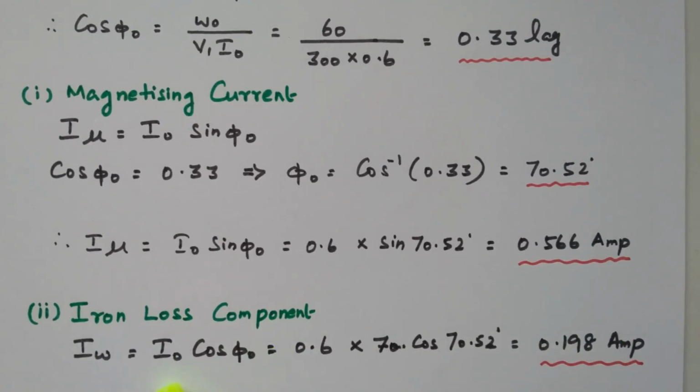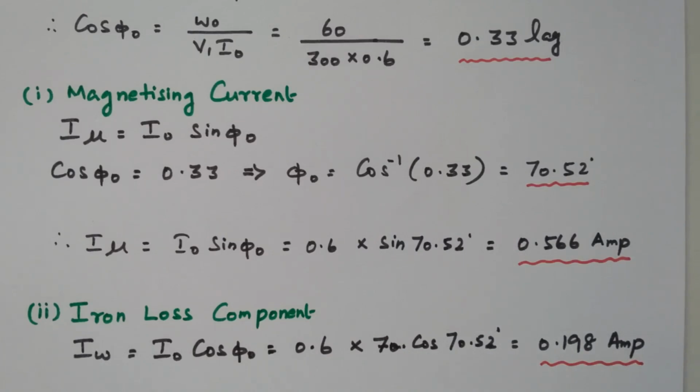IW equals I naught cos phi naught, which is 0.6 into cos 70.52. By simplifying, we get 0.198 ampere. So the iron loss component is 0.198 ampere. We have calculated both the magnetizing current and the iron loss component.